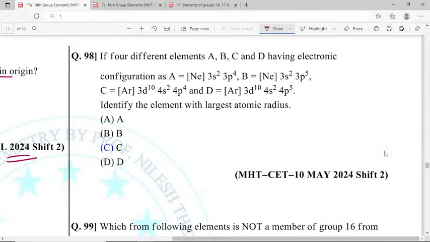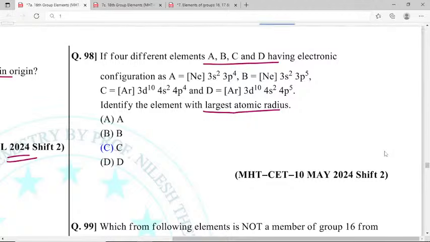Very important question. 4 elements A, B, C, D having electronic configuration: A 3s2 3p4, B 3s2 3p5, C 3d10 4s2 4p6, D 3d10 4s2 4p5. Identify the largest atomic radius. So how to find the largest atomic radius here? This is 3, this is again 3, this is 4 and this is 4.